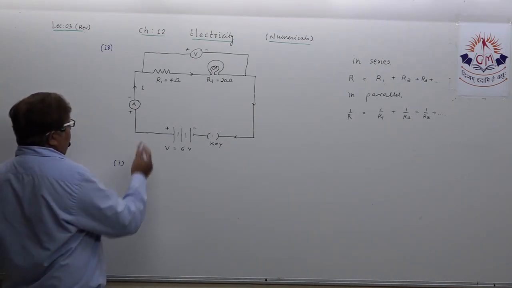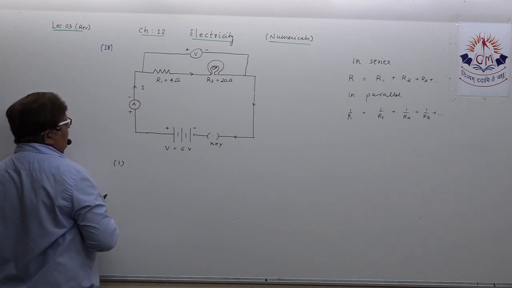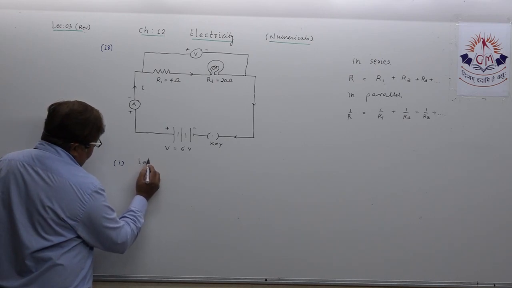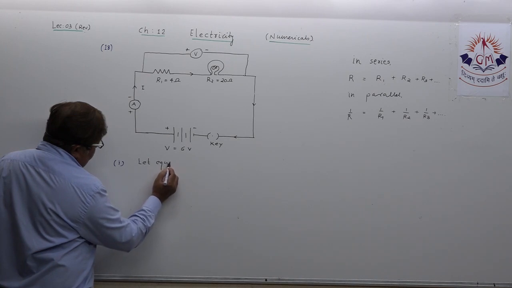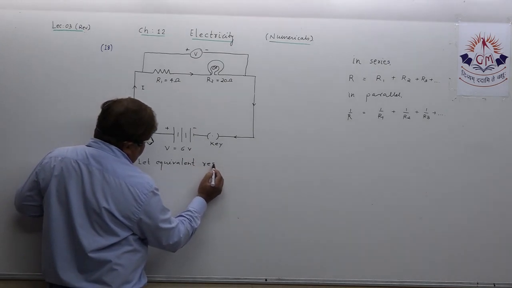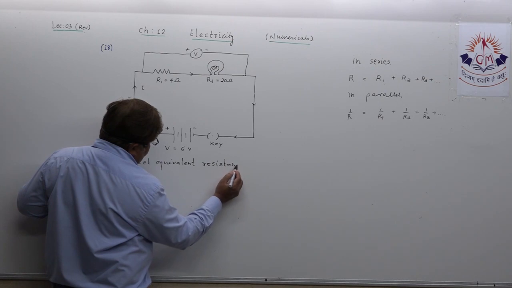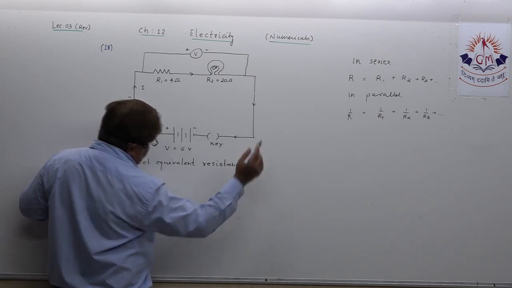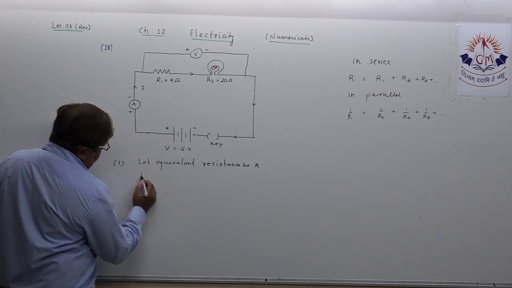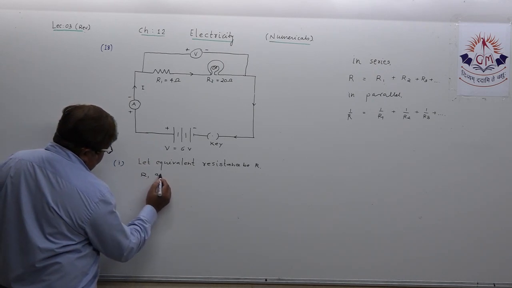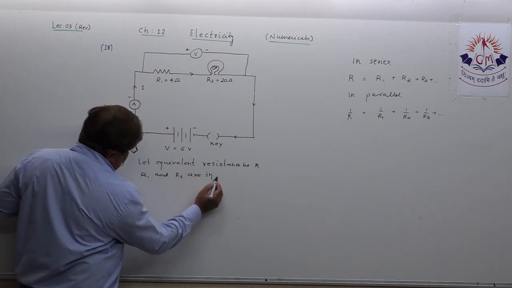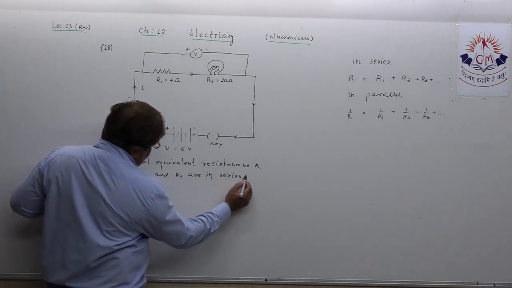Both the resistors are in series connection, but dear student, you first need to mention this: let the equivalent resistance be R. Then you need to mention that R1 and R2 are in series connection.